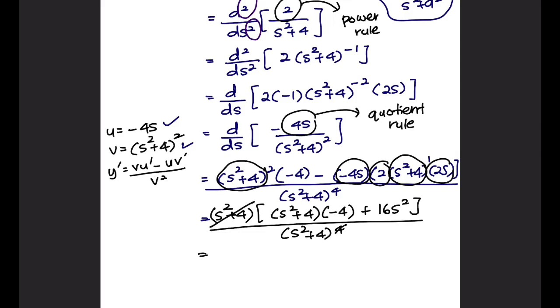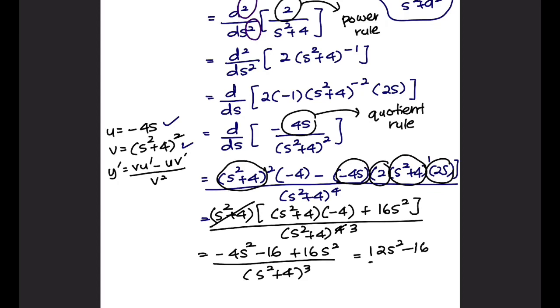Okay, then you can cancel out. Then expand, get negative 4s squared minus 16 plus 16s squared divided by (s squared plus 4) to the power of 3. Then simplify, we get (12s squared minus 16) over (s squared plus 4) to the power of 3.